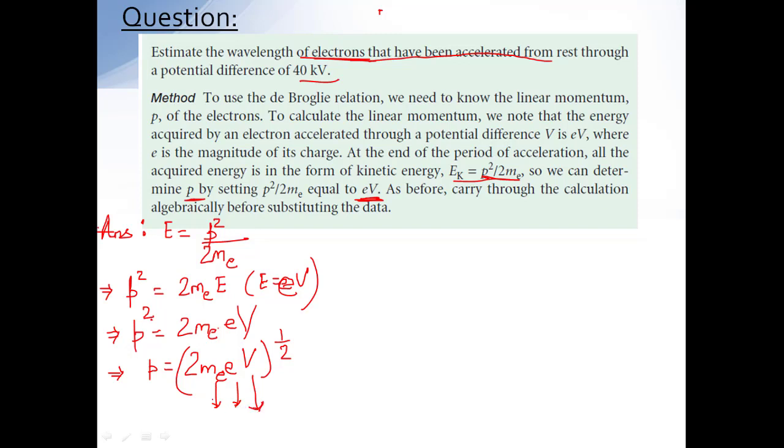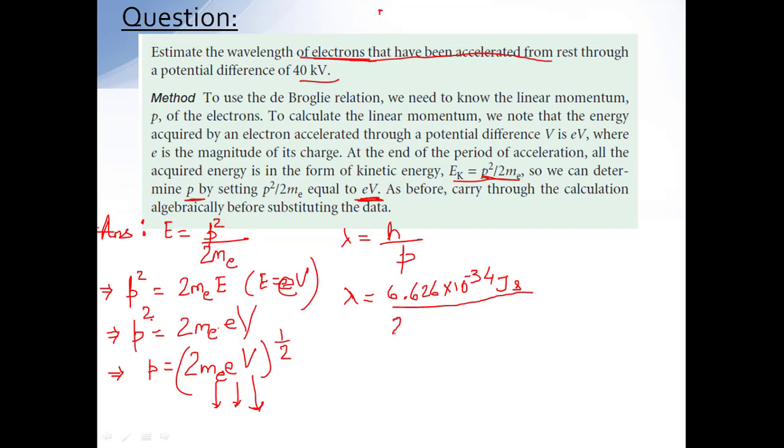Fine. Now what has been asked is lambda, the wavelength. According to de Broglie's wavelength, lambda equals h upon p, where h is 6.626 into 10 raised to power minus 34 joule seconds. Put in the value of p.